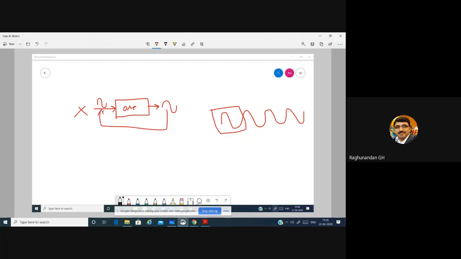Plus VCC and minus VE are responsible for shifting the operating point, and they are adjusted so that the operating point is in the active region. Once it is in the active region, the transistor starts working like an amplifier. This noise itself will be amplified and given out.